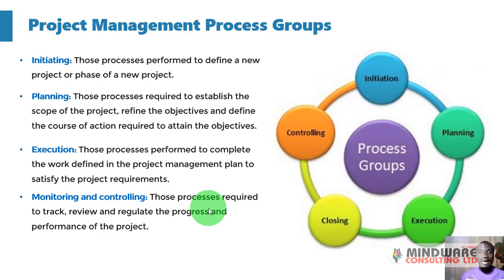As the execution is going on, you are making your measurements, monitoring, and controlling the activities that go into the development of that particular product, to ensure that at the end of the day you have the exact representation of the specification that the stakeholders have stated that they require. I hope this makes a lot of sense.